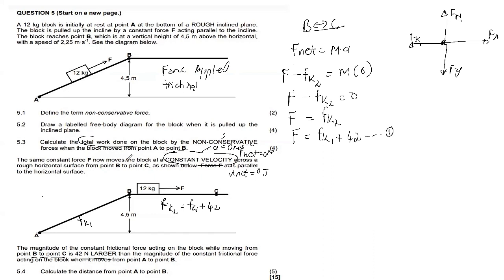the frictional force, right? So note that from 5.3 we had WNC equals 559.58 joules, right?